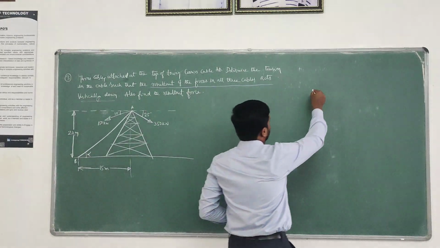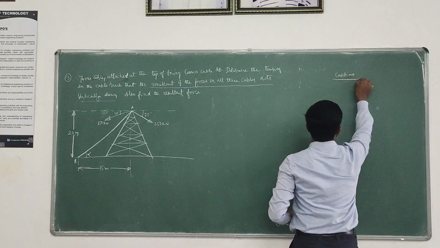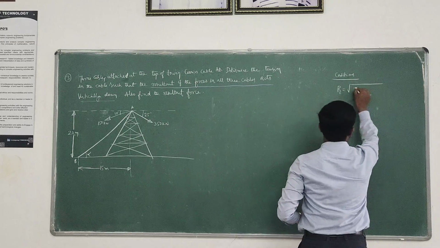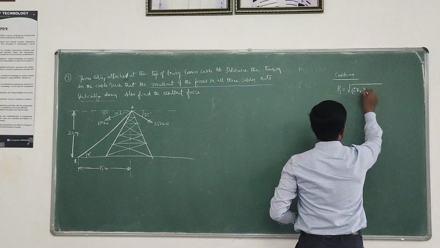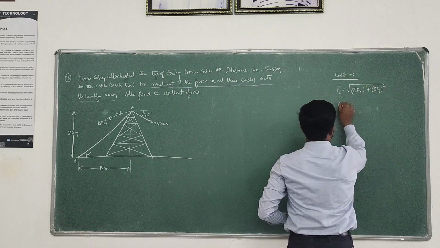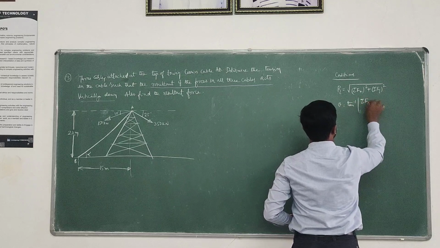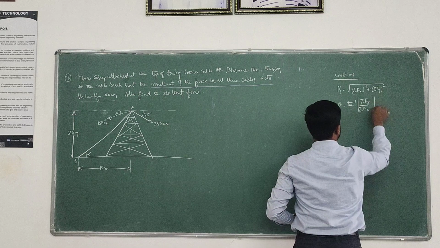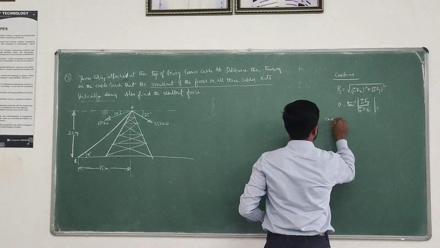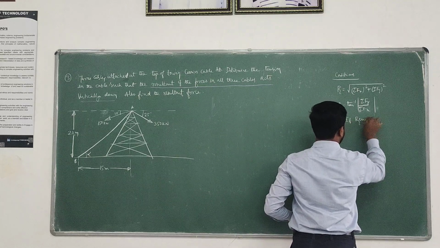Some conditions: the general resultant computation is the square root of sigma Fx squared plus sigma Fy squared, and the inclination is tan inverse of the magnitude of sigma Fy by sigma Fx. The cases are: case 1, if the resultant is inclined.